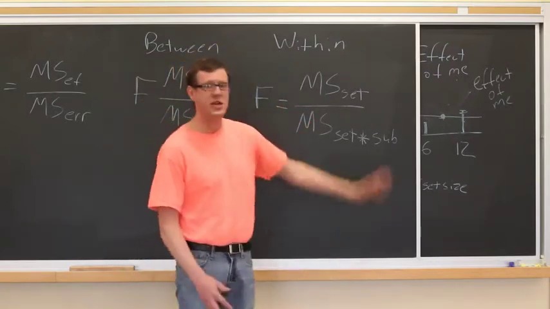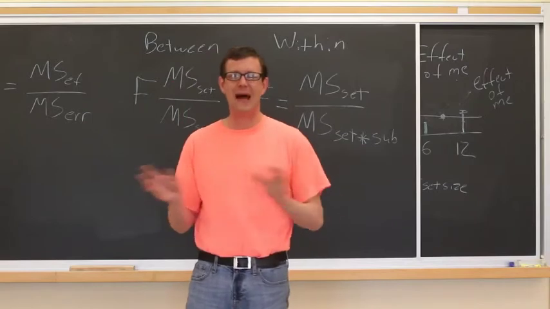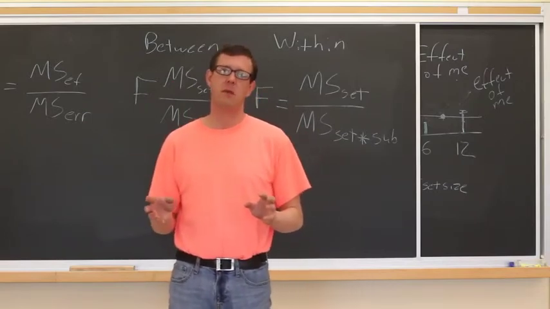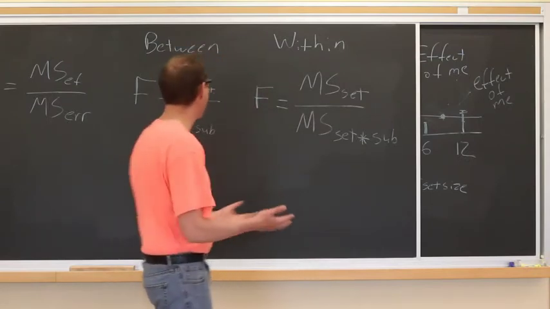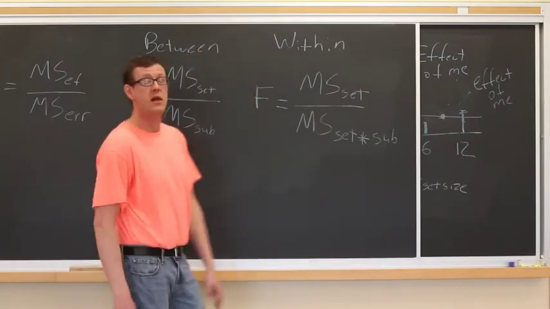However, for the within subjects designs, we're able to tease that bit apart. And this is going to be important when we talk about larger designs where we have more than a single variable.